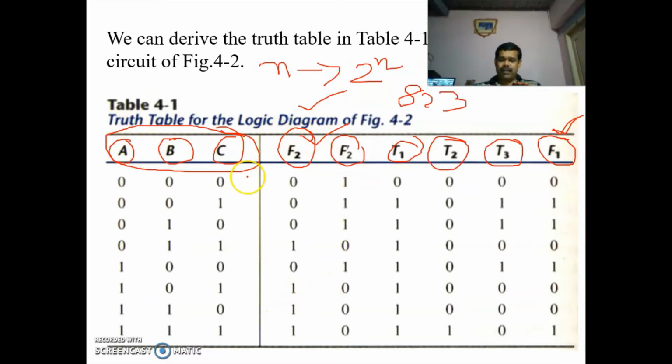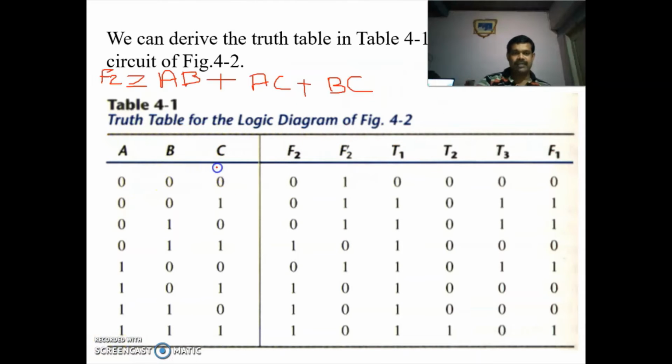Now we have to find the values. For the first input, that is 0, 0, 0, we are going to find out the value of F2. The expression for F2 is AB plus AC plus BC. Here all the inputs A, B, C are 0.